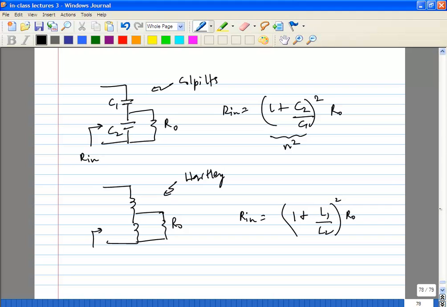The main reason is something we may not have time to get to in today's class. If you analyze the operation of the Colpitts, what you'll find is the current going through the transistor is actually in the form of pulses rather than a nice sinusoid or a bias current.